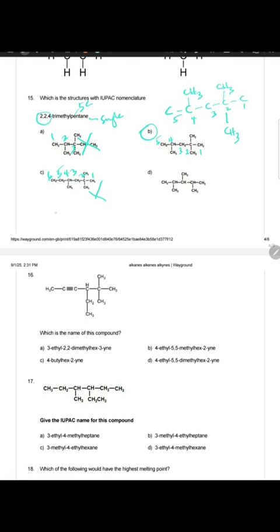That's not a pentane, that is a hexane. 1, 2, 3, 4, 5. But then we have methyl in 2 position, methyl in 3 position, methyl in 4 position. So this is also a pentane, but then it has the methyl in different positions. So the methyl is in 2, 3, 4 positions. So the correct answer is B.